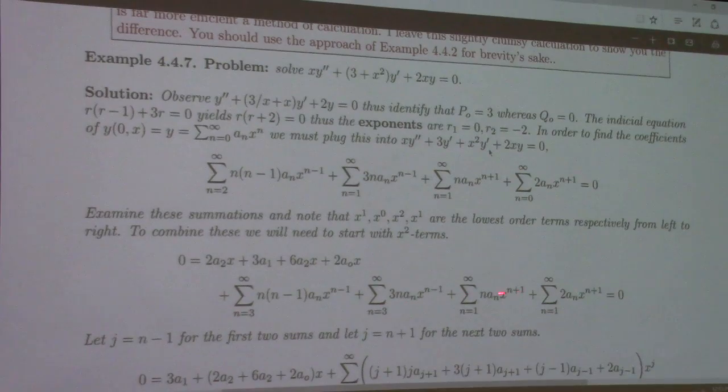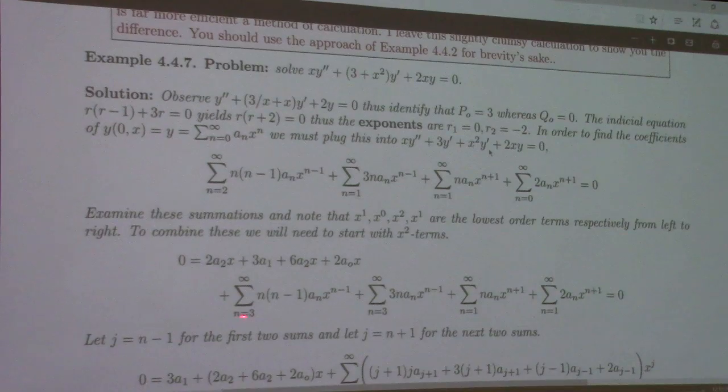Let's see here. Okay, so I've got n plus 1, n plus 1, n minus 1, n minus 1. I've got to change something here. So I'm going to let j be n minus 1 for the first two sums, and let j be n plus 1 for the others. Do these all start at the same place?